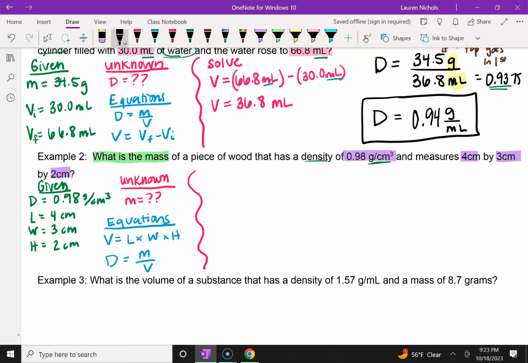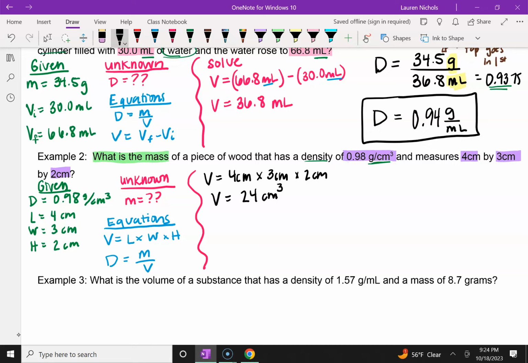So the first thing we want to do is solve for volume. So our volume is going to be 4 centimeters times 3 centimeters times 2 centimeters. And this is where our mini lesson on units comes into play, because since I know that I'm multiplying and my units are the same, they are going to combine, and it gives us 24 centimeters cubed.